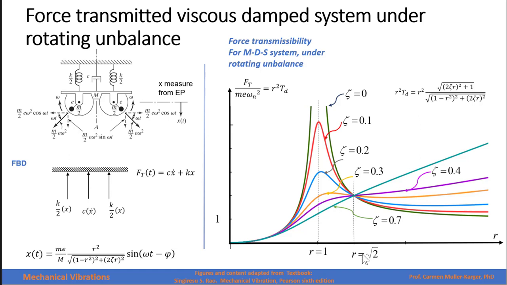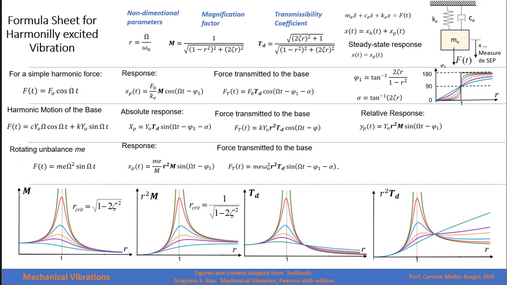It means that for values less than square root of 2, the greater the damping, the less the transmitted force, but after square root of 2, the force transmitted to the base is much greater when we have a greater damping coefficient. In this slide, we summarize the 3 cases we have studied.